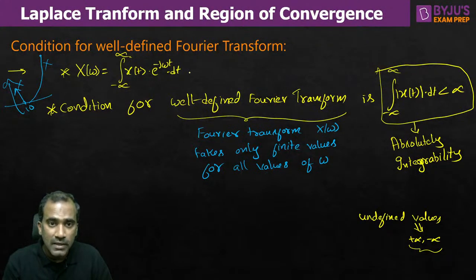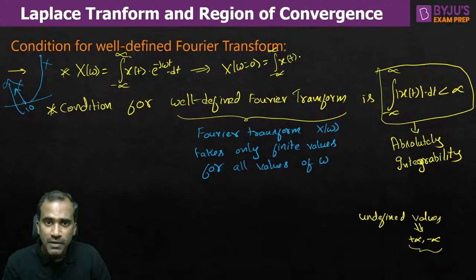Try to understand the value of this Fourier transform at omega equal to 0. If you evaluate it at omega equal to 0, it is the integration from minus infinity to plus infinity of x of t into e power 0, which is 1.